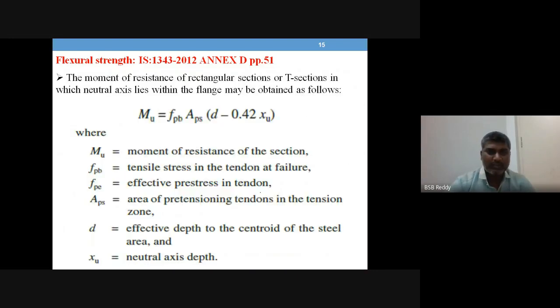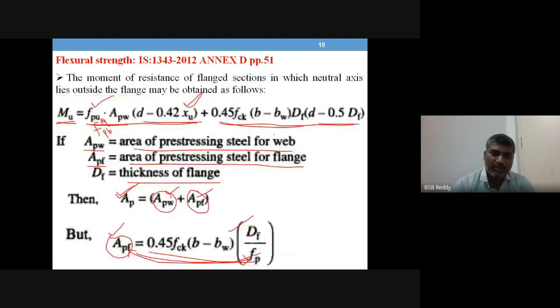So these two formulae, you have to just understand what they are, how to use them, and how to get the values to substitute. We'll see examples, no issue. And the only thing is, you have to develop this formula on your own.